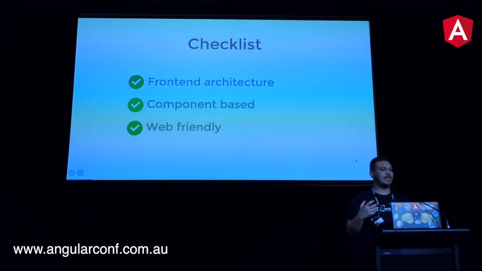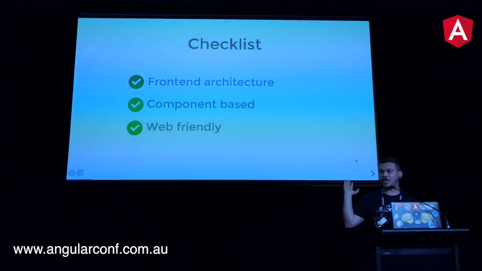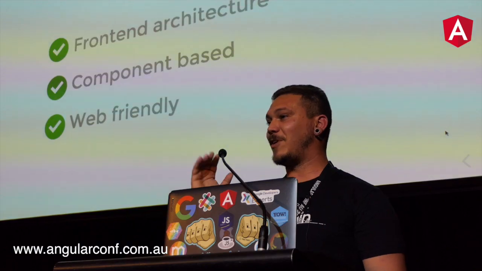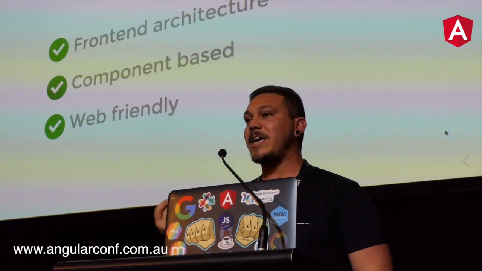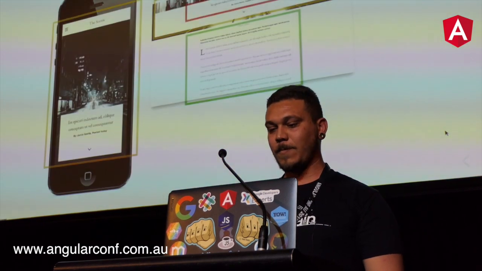We always had to care, but we didn't have this idea properly, clean. It should be component based. We know the benefits of having components and how to mix and compose them. And of course, it should be web friendly. We are developers, and we want a great developer experience as much as possible.